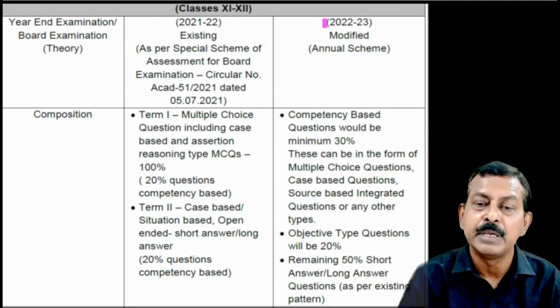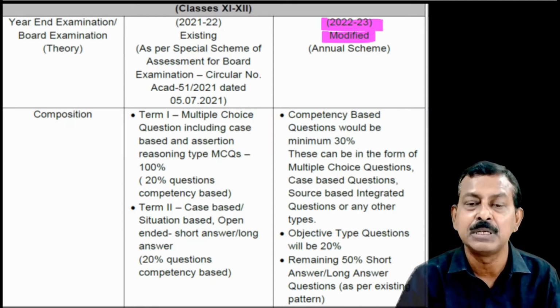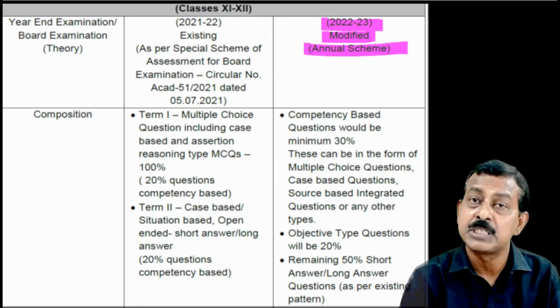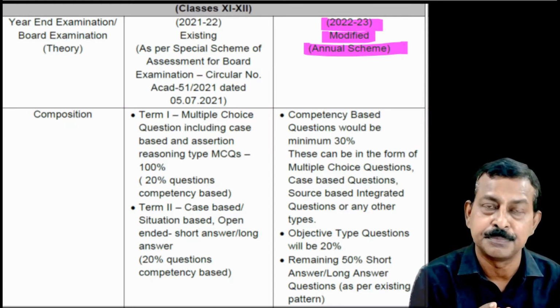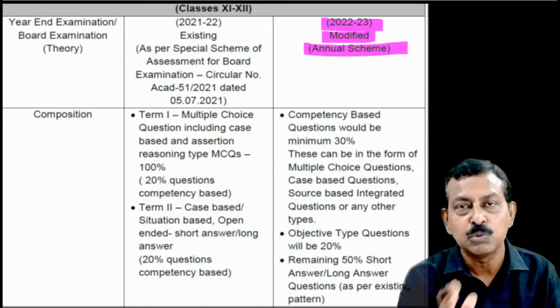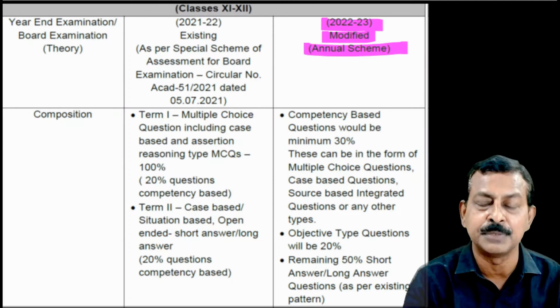But now in 2023, we have the modified examination, and that will be the annual examination. So this is one major change in terms of the examination. Instead of term 1 and term 2, they will now have a year-end or annual examination.